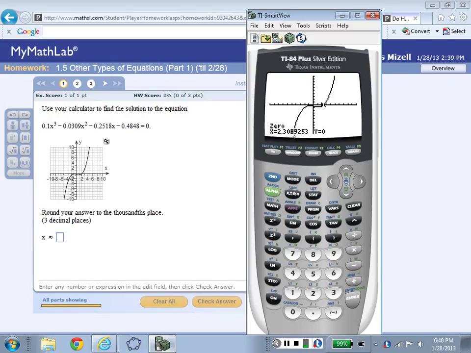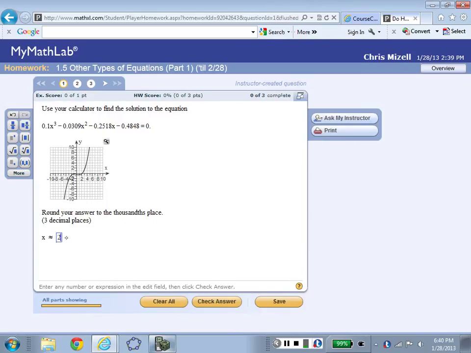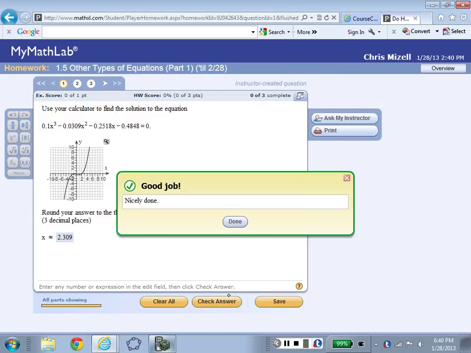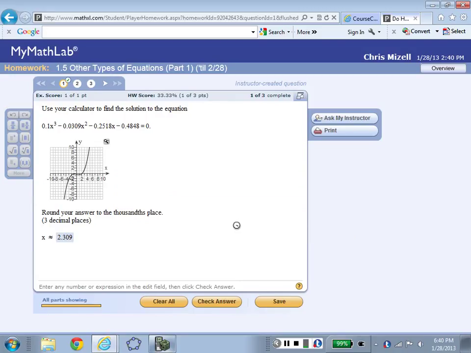So to 3 decimal places, 2.309 is what it's going to be looking for. And we hold our breath and check it. And it's okay this time. Okay, so that's the plan.